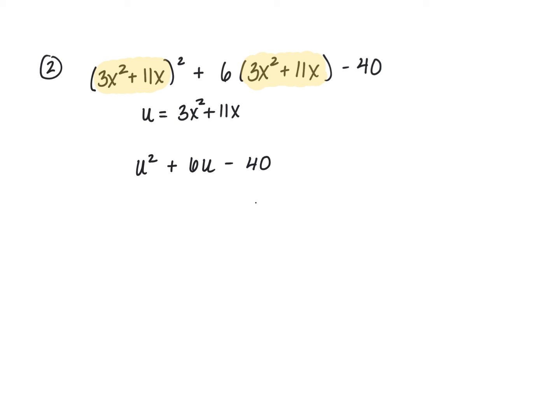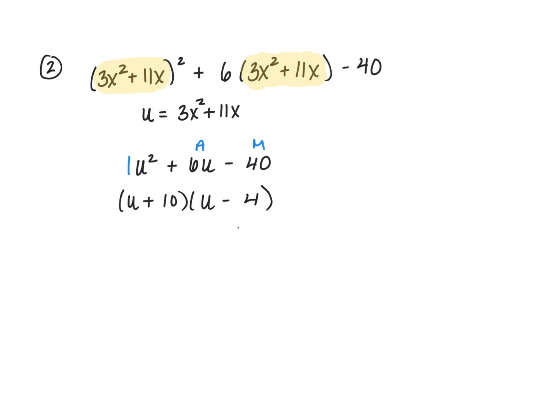And now we're going to factor this expression with the u's. Because the leading coefficient is 1, we can use add multiply. So take a couple minutes, pause the video, find the factors that add to 6 that multiply to negative 40. And then hit resume when you're ready for the answer. All right, so I got u plus 10 and u minus 4.